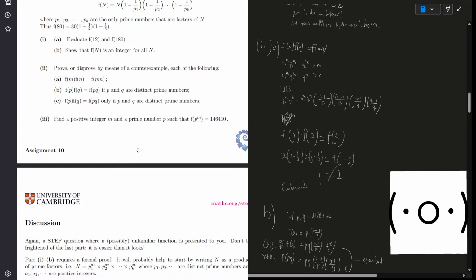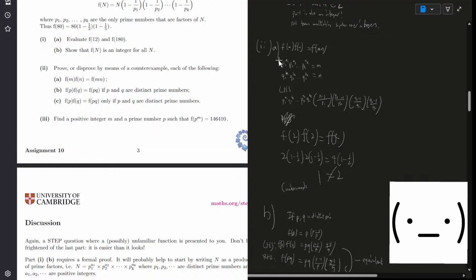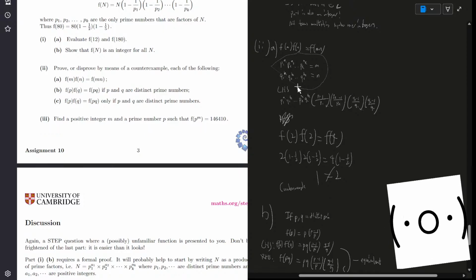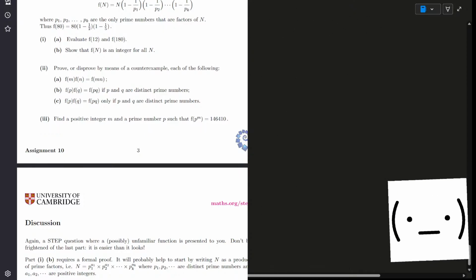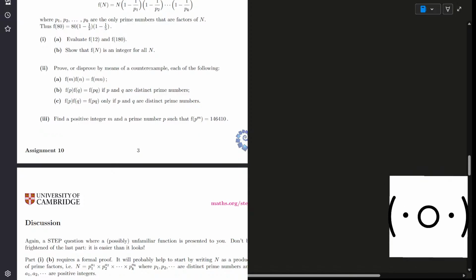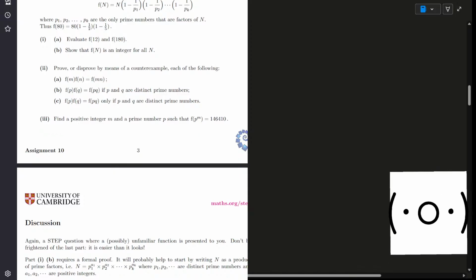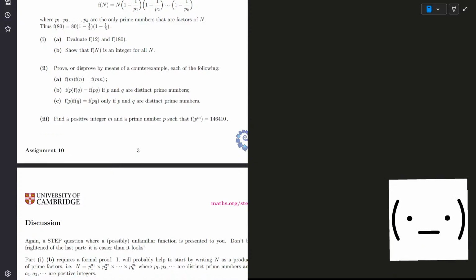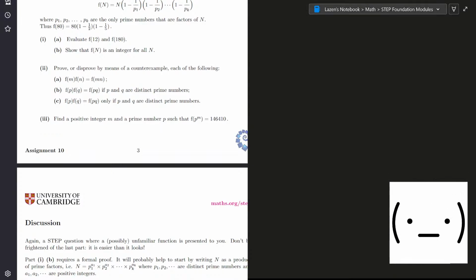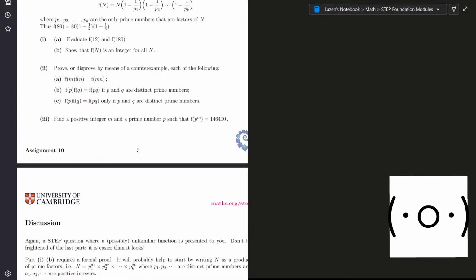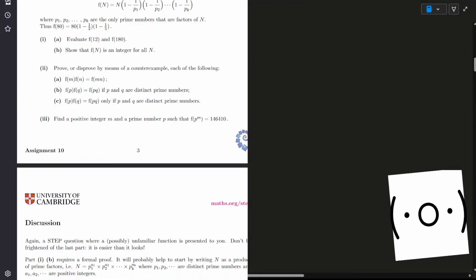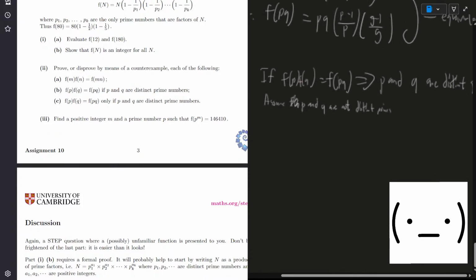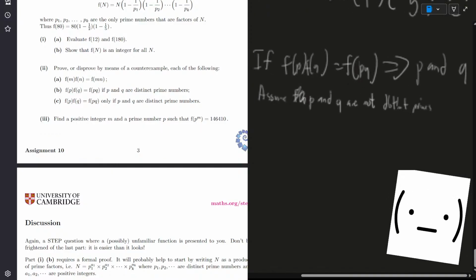Now we get to copy all of this mess over. No, we don't, because they use P and Q again, so that means we don't get to. But that means we get to use M and N, which are much more pleasant anyway. Where have we gone? Oh, there you go. Okay, so we assume they are not distinct.